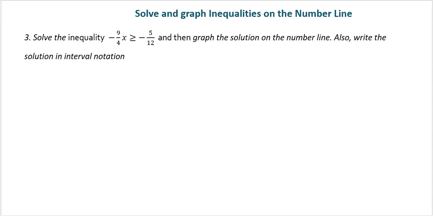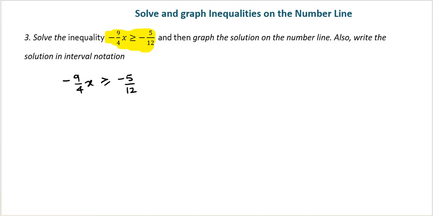Let's see another example. In this, what you see here are fractions, okay? So no need to worry about it. Again, you have to work in the same way. So let's write down the question. Minus 9 over 4 x greater than or equal to minus 5 over 2. Okay, so first let's get rid of the denominators.